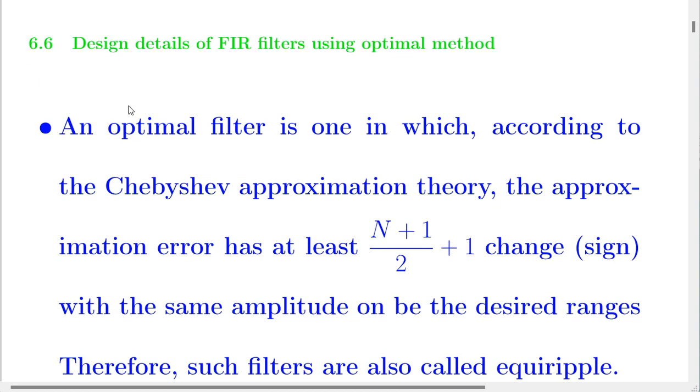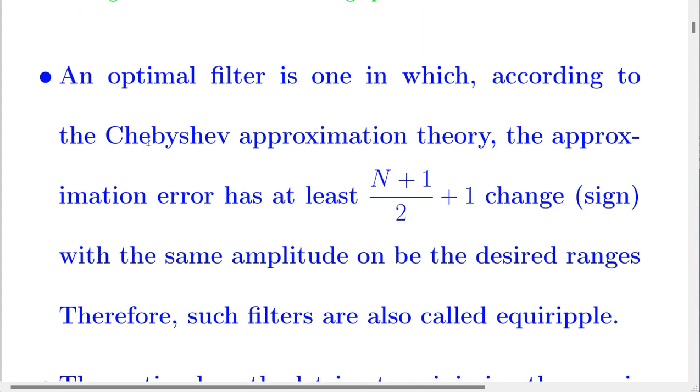Now, the next topic: design details of FIR filters using the optimal method. An optimal filter is one in which, according to the Chebyshev approximation theory, the approximation error has at least M over 2 plus 1 changes of sign with the same amplitude on the desired ranges.